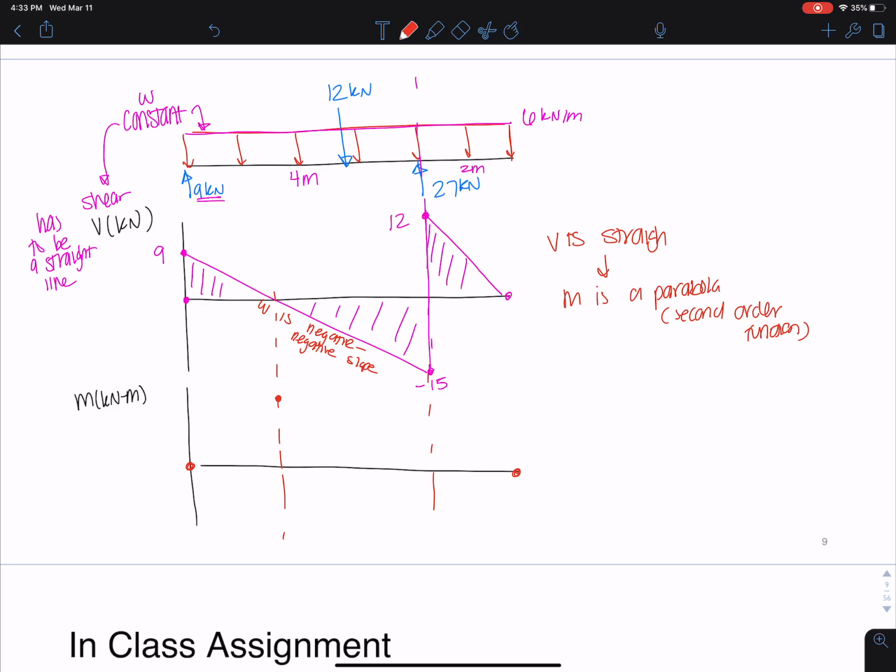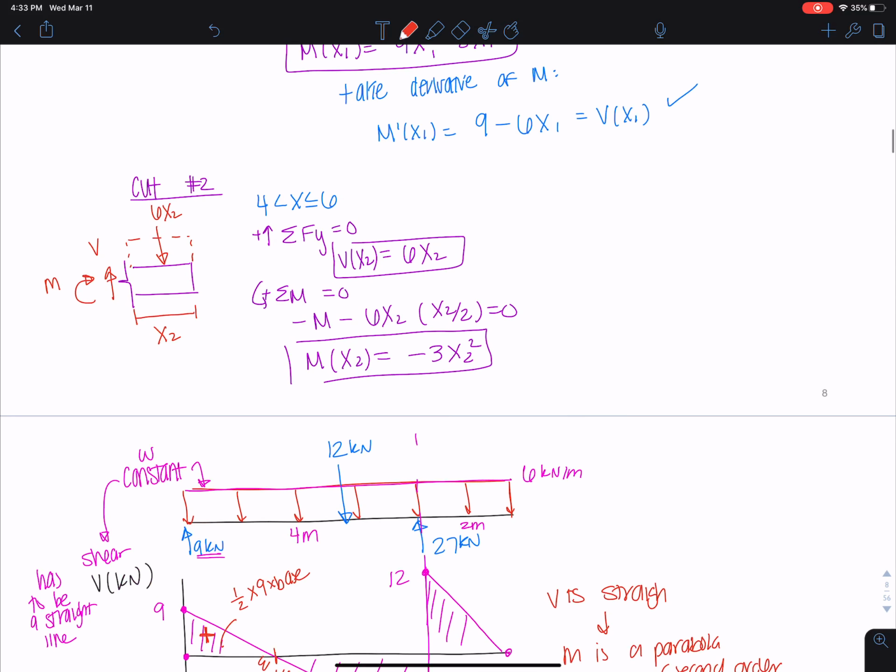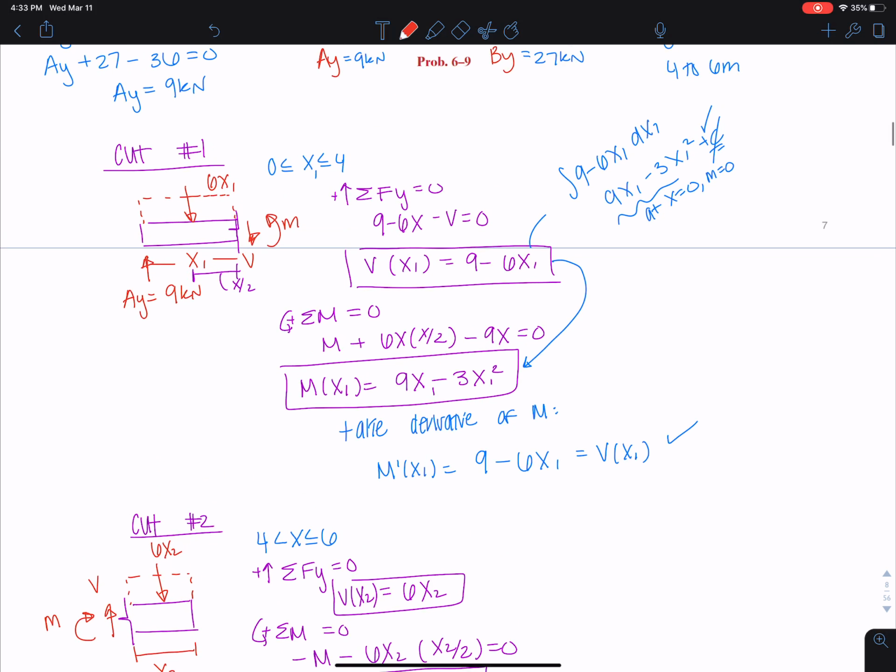So if we're starting at 0, how do we figure out what this point is here? It's a maximum because we're going from a positive area, which means we're adding from this 0 point. How much do we add? Well, we add 1/2 times 9 times base, and we have to find out what this 0 is, okay? How do we find out what the 0 is? Well, we go to our function from 0 to 4 for shear.